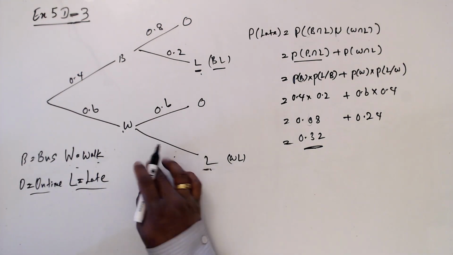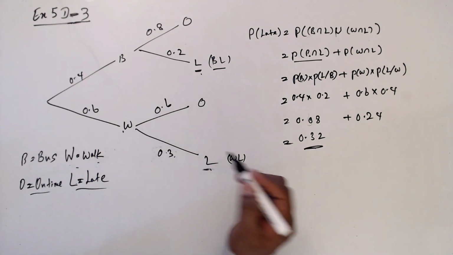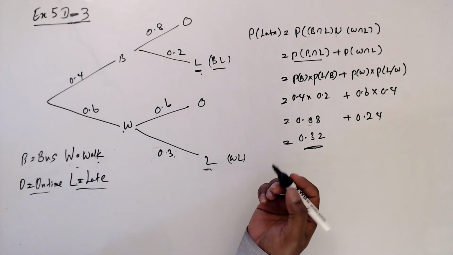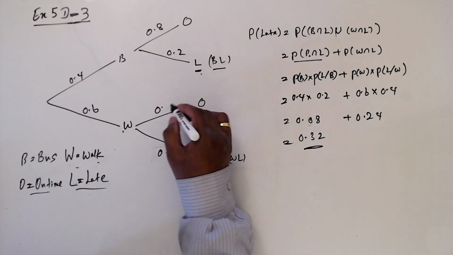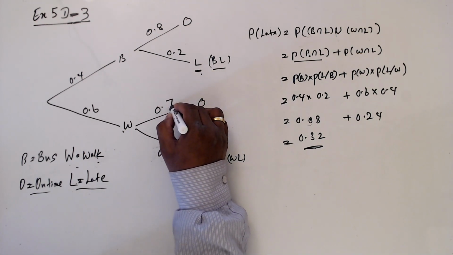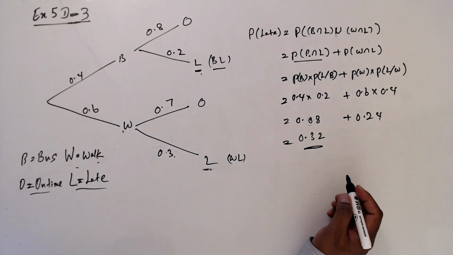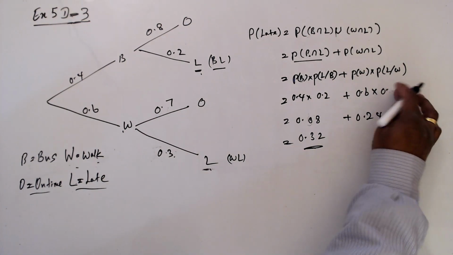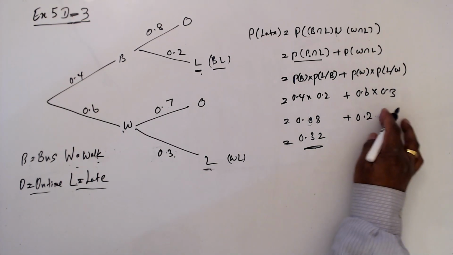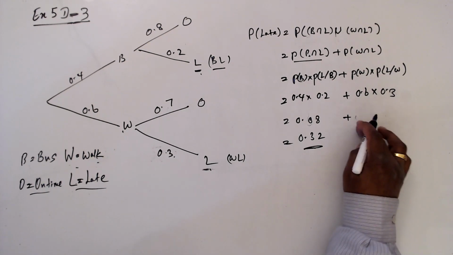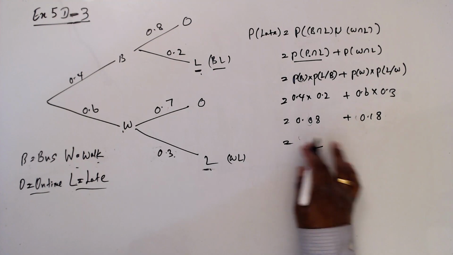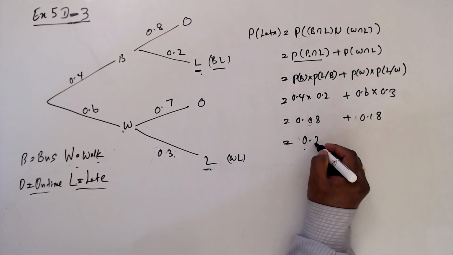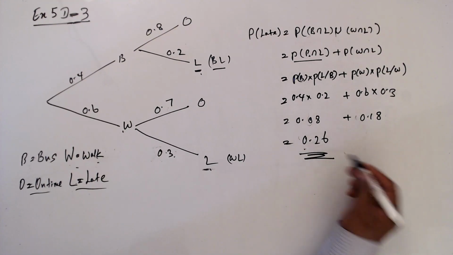This is 0.3, and then this is 0.7. So this is 0.3, and this is going to be 18. Then 0.26.